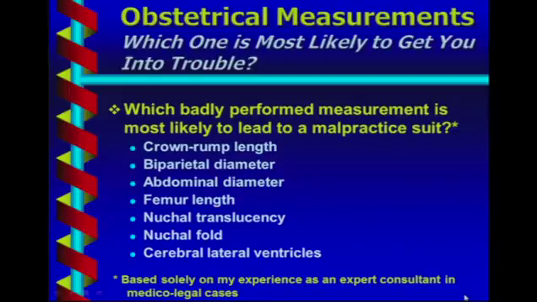The crown rump length, mismeasuring the biparietal diameter, the abdominal diameter, femur length, nuchal translucency, nuchal fold, or cerebral lateral ventricles. And again, I will come back to this at the very end.